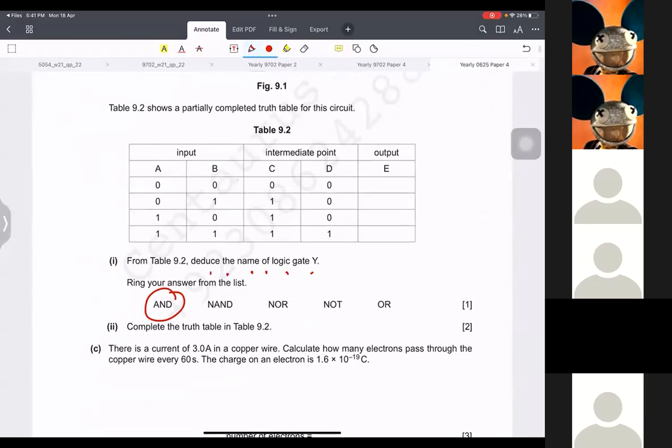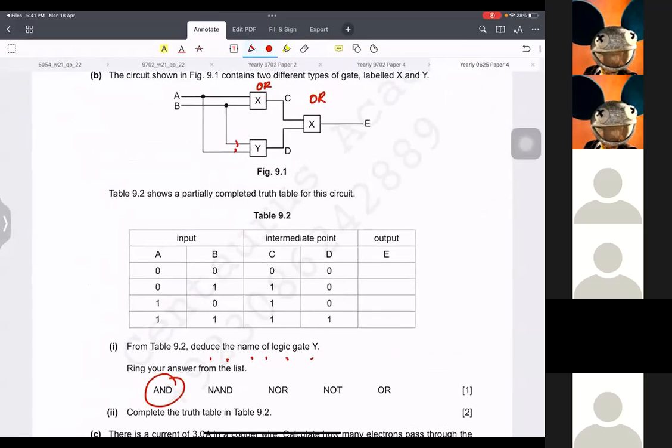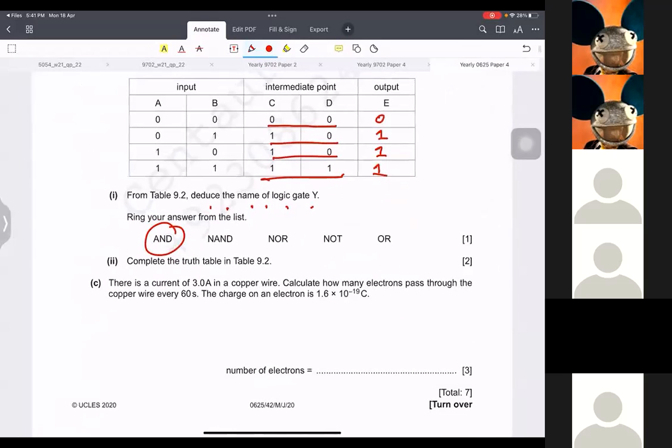Deduce the name of logic gate Y. So, C and D: 0 and 0 is 0, 0, 1 is 1, 1, 1 is 1. This is OR, X, right? How do you know it's OR?